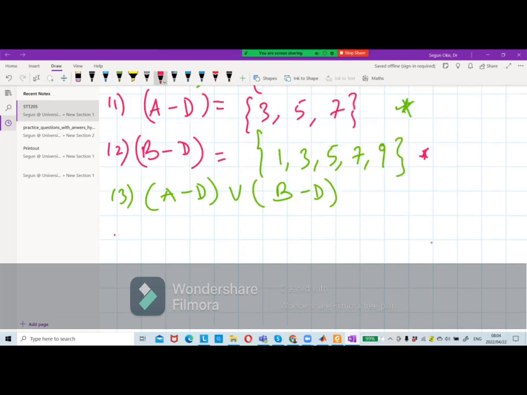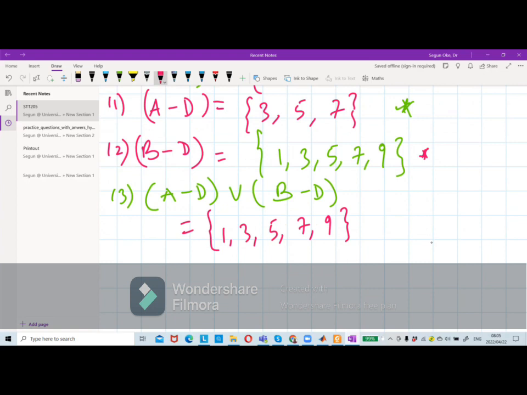So 11 and 12, the answer will now be A union B. Add everything together without repeating it twice: 1, 3, 5, 7, and 9. So you add everything together. But 3 is here, 3 is also there. 5 is here, 5 is also there. 7 is there, 7 is also there.